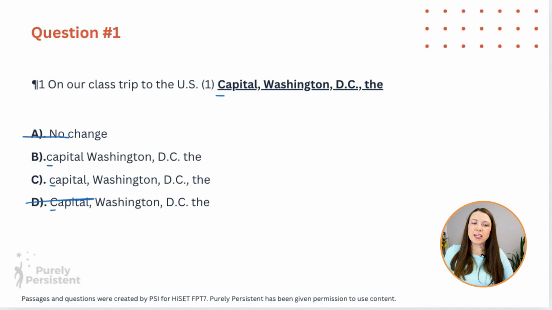But it's giving us a little bit more information. Just in case you forgot, it's Washington, D.C. That's the capital. So we actually do need this comma right here after that period. I know it looks a little awkward with D period, C period, comma, but grammatically, that's how things go. So the answer, friends, is C.